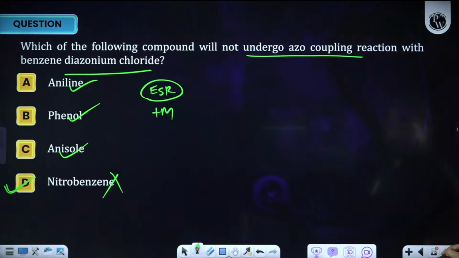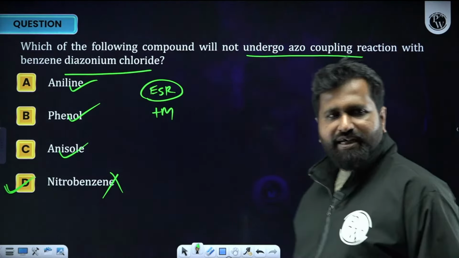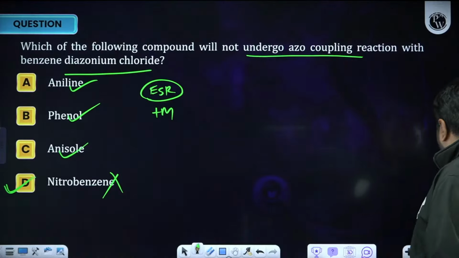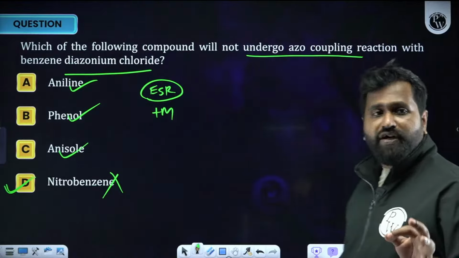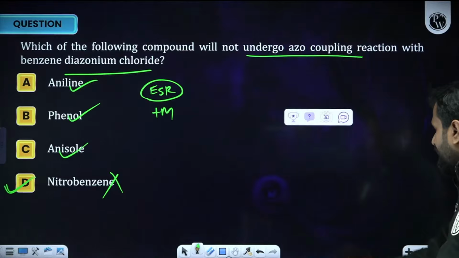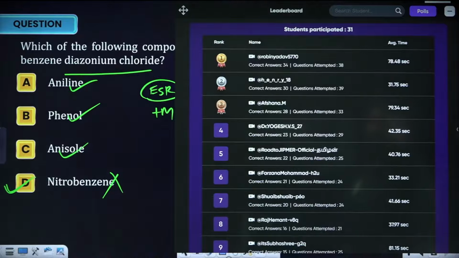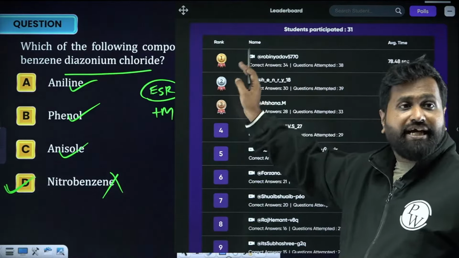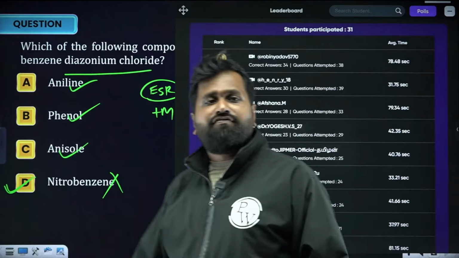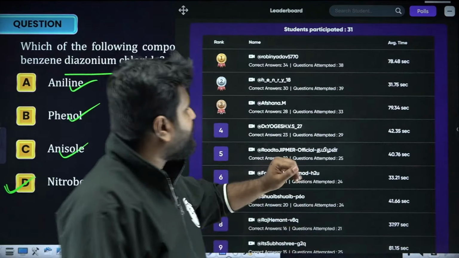Next question. Okay, that's all, my dear students. So all the questions I discussed, in between I gave some homework questions, right? In today's class, how many questions did we discuss? It is organic chemistry questions. I didn't use the timer. So nearly 50 questions we discussed in today's class.